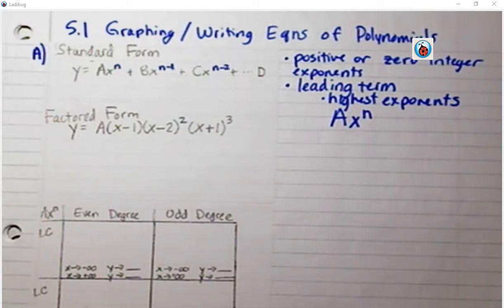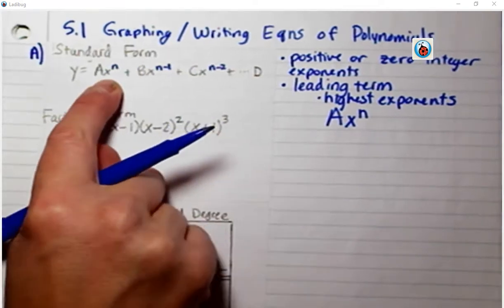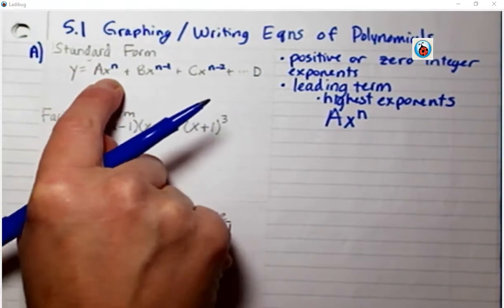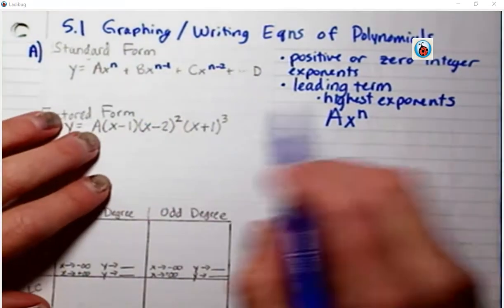Quadratic goes in decreasing order: x squared plus x plus number. This goes in order: x cubed plus x squared plus x plus number. x to the 4th plus x cubed plus x squared plus x plus number. It always goes in decreasing order. So it's the one with the highest exponent.